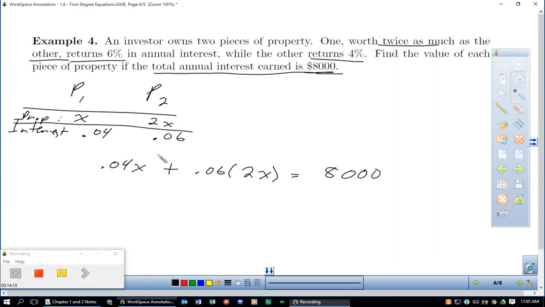If we multiply these together, we should get 0.12 right here, and 0.04, so 0.16x equals 8,000. Dividing by 0.16, I'm going to go ahead and put my 0 out here. x is $50,000.